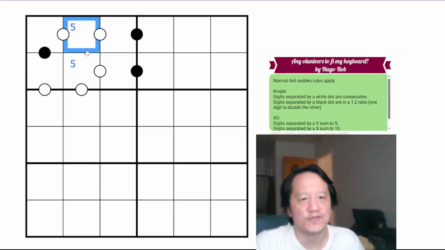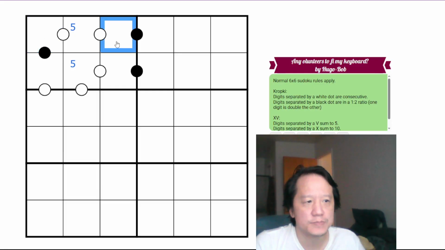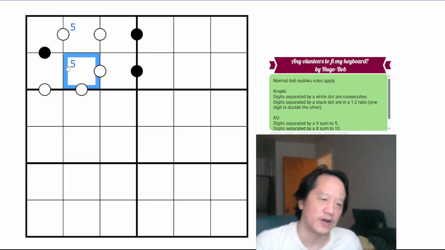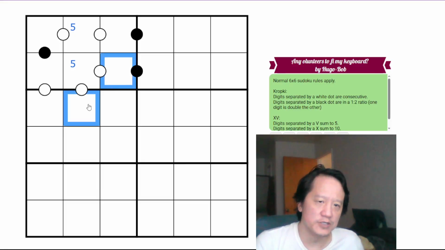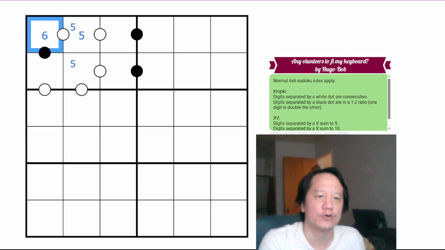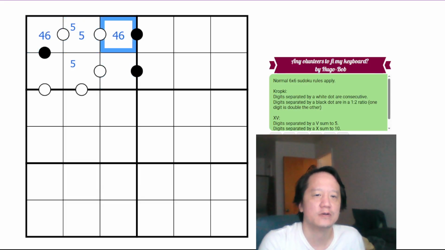Now, if this is 5, this would have to be next to 4 or 6, right? So if this is 5, it's next to 4 and 6 here. If this were 5, that would be next to 4 or 6 here and 4 or 6 here. But these could be the same digit. So obviously, if this is 5, we have 4 and 6 here as a pair.